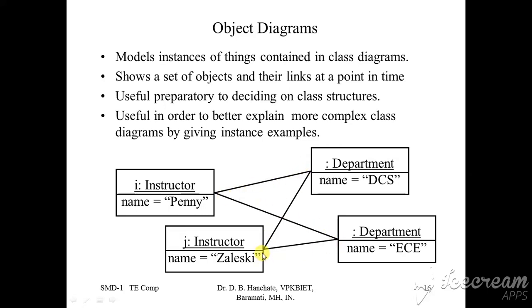So the instructor Jelsky will teach the students and the Department of Computer Science, and also the Department of Electrical Engineering. So both people will teach both departments. This is the link between these two objects.